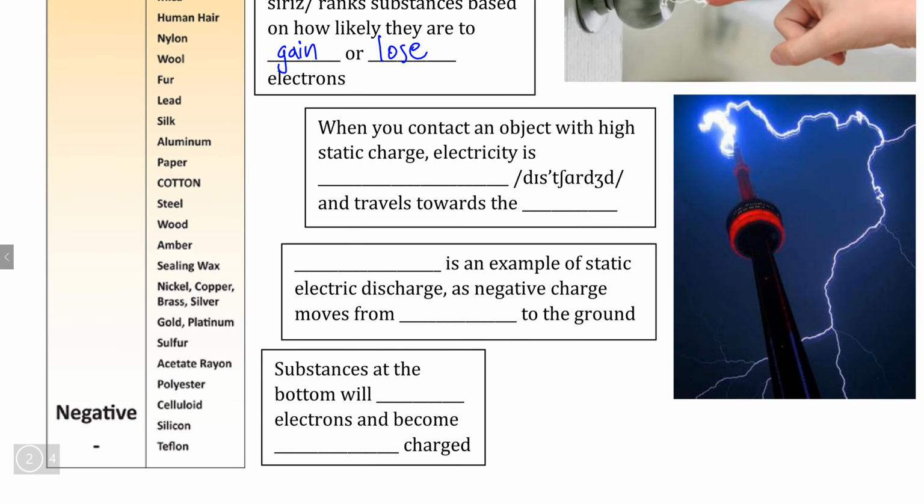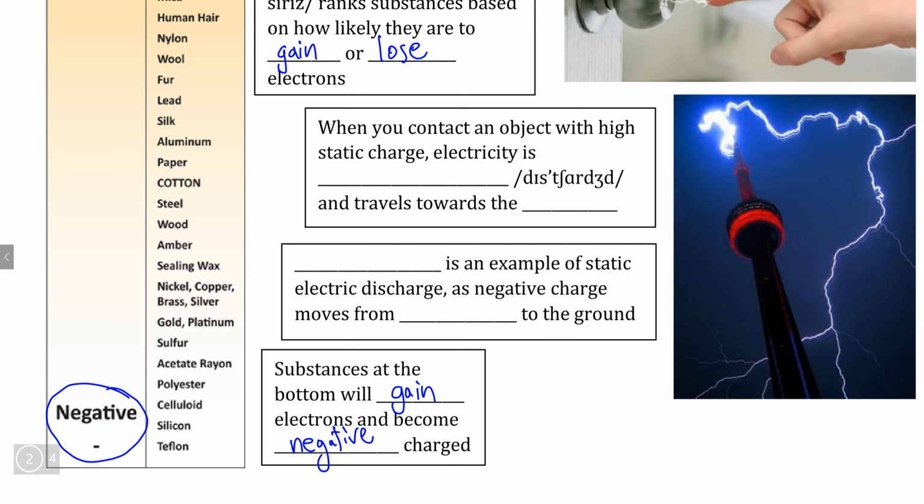So the farther down the substance is, the more likely that that substance will be negative, and we know that negative charge happens whenever a substance gains electrons, causing them to become negatively charged.